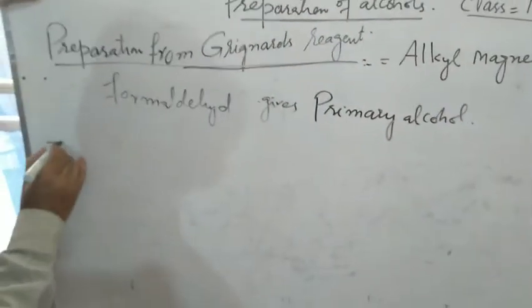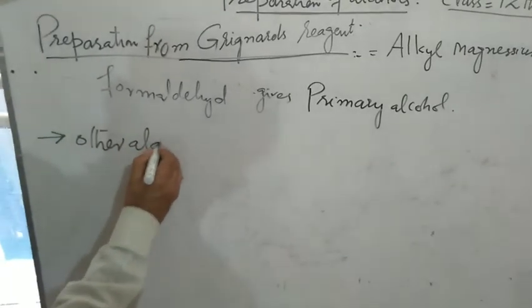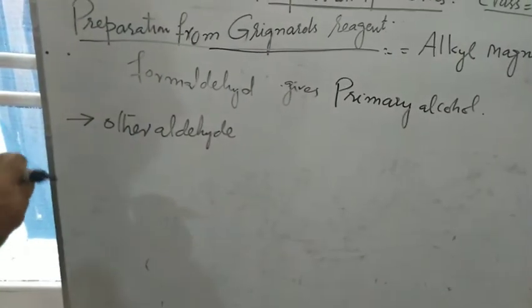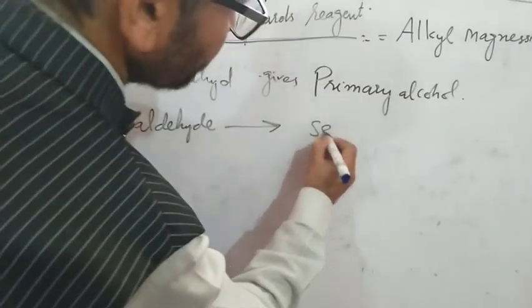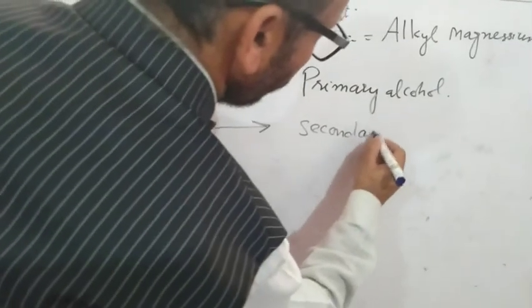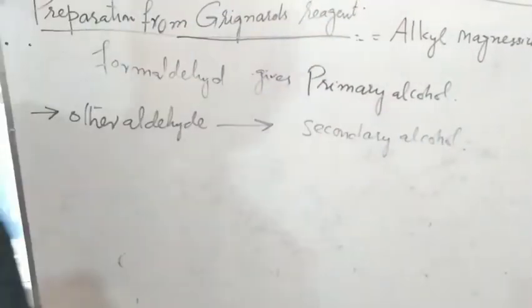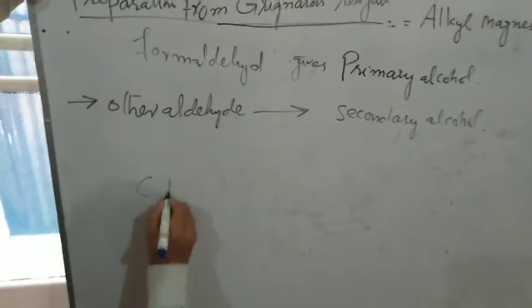Other aldehydes, I had taken acetaldehyde, give secondary alcohols. Now let us go to ketones. What does the ketone yield? For example, I will write a ketone here, propanone.